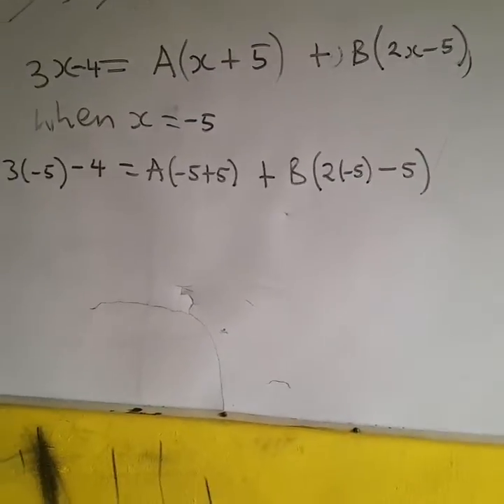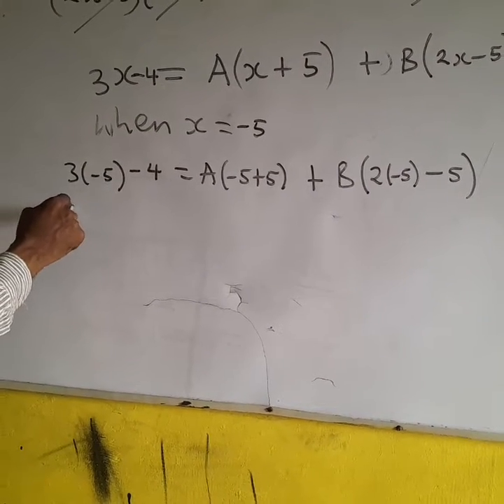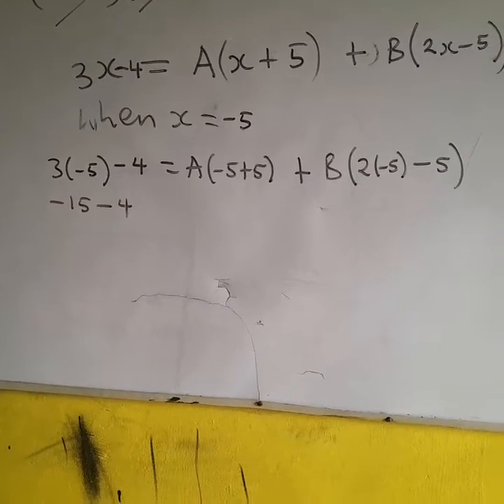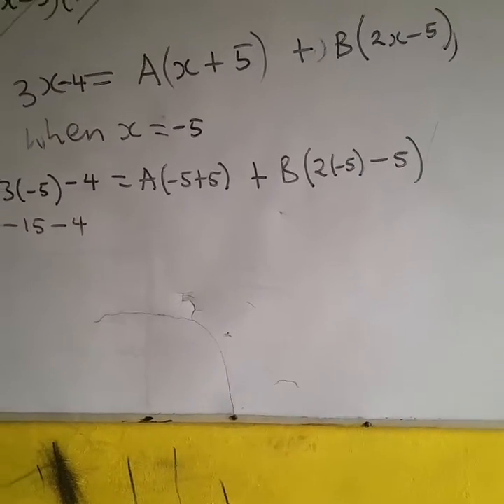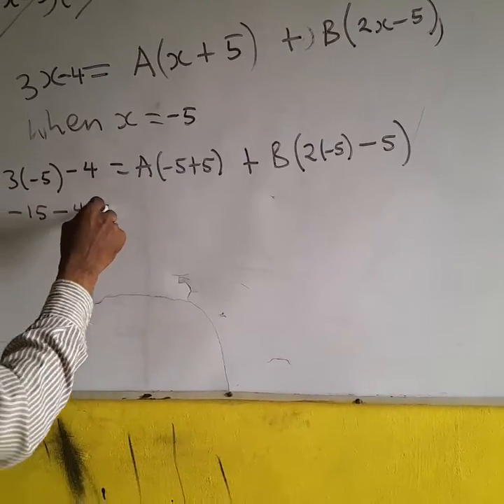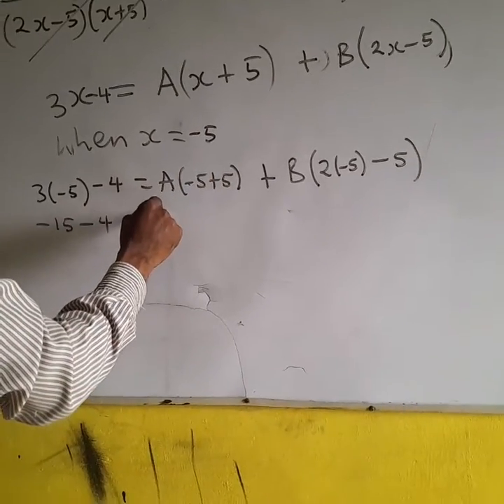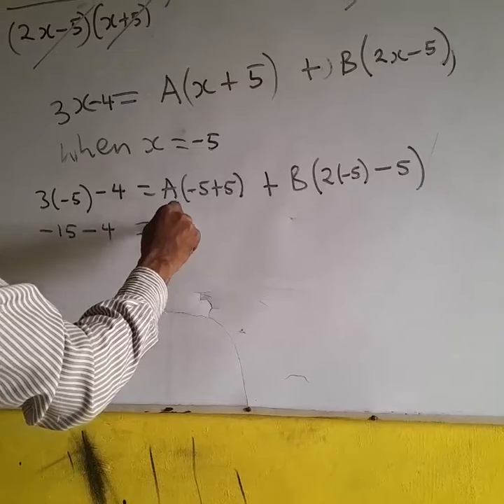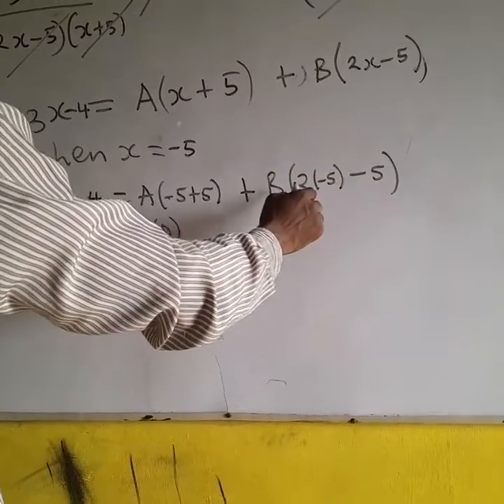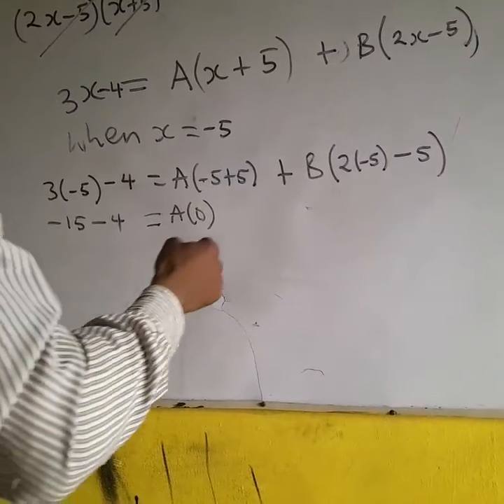So here we'll have 3 times minus 5 will give us minus 15, minus 4, equal to minus 5 plus 5 is 0, so we have A multiplied by 0. Here we have 2 times minus 5, that's minus 10.